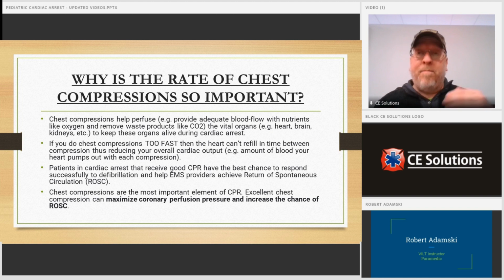So the heart's not going to respond as well to the defibrillation. It's not going to respond as well to the medications that the paramedics give.